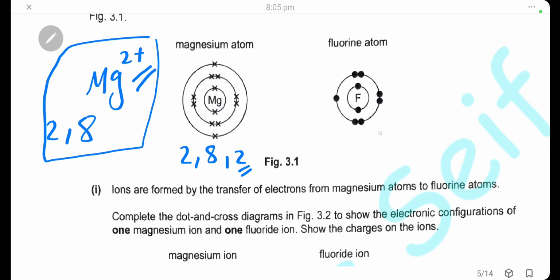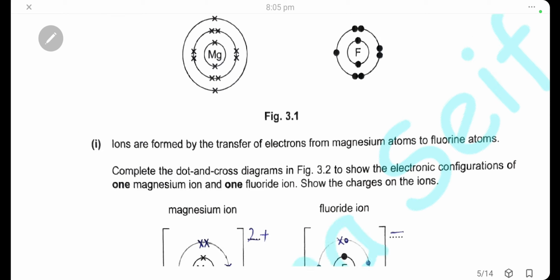For the fluoride ion, it will gain 1 electron. The fluorine atom will gain 1 electron from the magnesium atom, so the electronic configuration changes to 2, 8, and now we have 1 more electron than proton, so the fluoride ion will have a negative charge. So we will go down here.